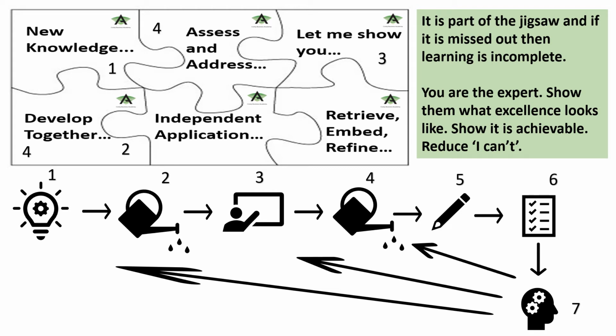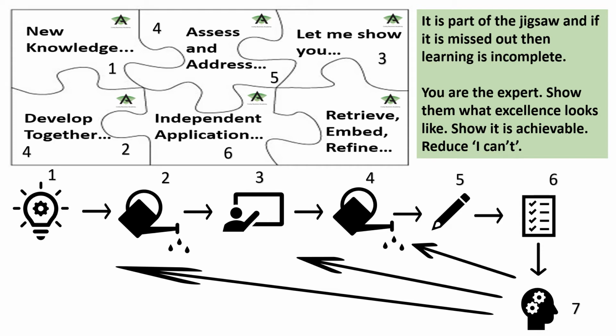And then we might then begin to independently apply what we've gathered there, the new knowledge, the development and the modelling coming together into a student response. And then we can then assess and address the areas in there that students are unclear about, which might take us further back down that sequence, back to another number.